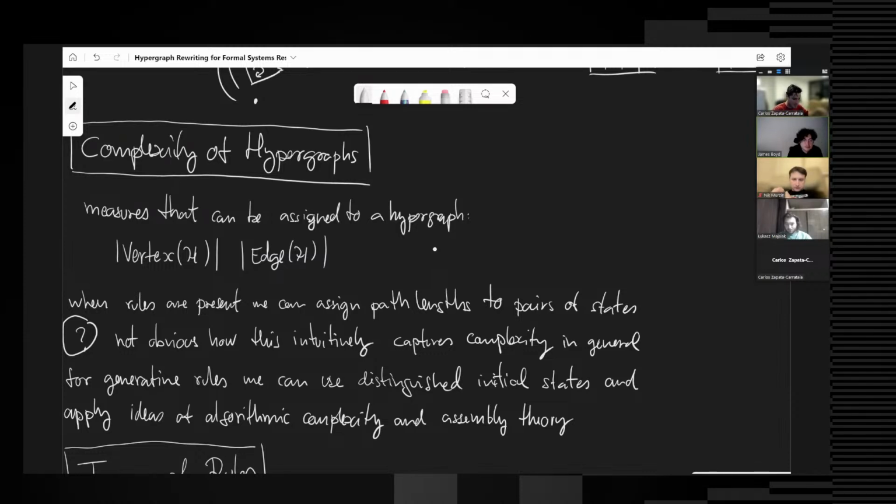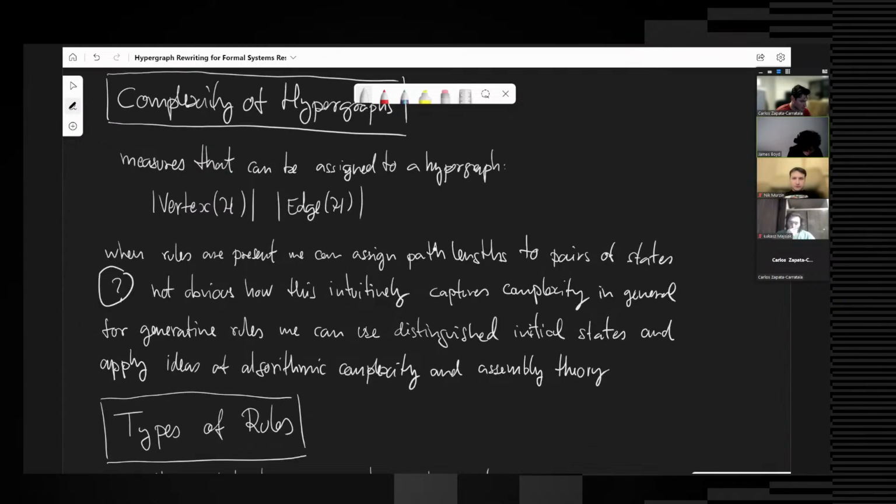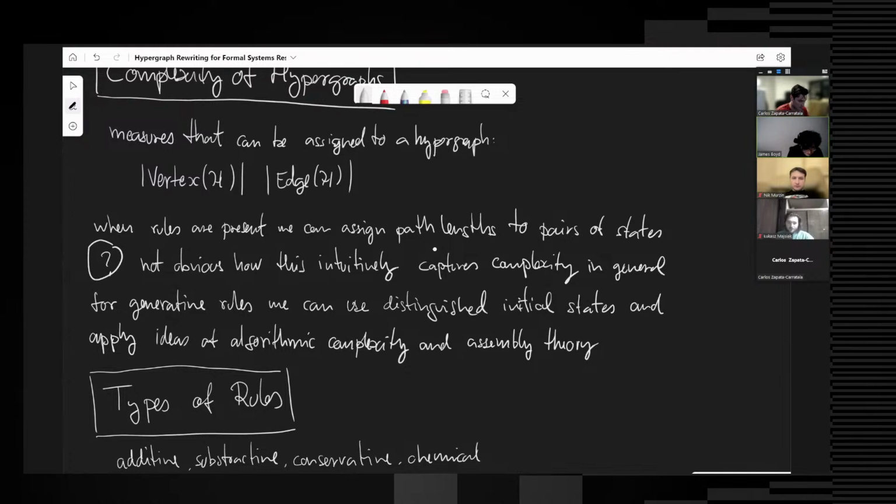The path length for the rewrite graph is only going to be complexity when the rules can be interpreted in some constructive way, or some kind of computational way that is not just completely general rules. And this is where the types of rules become super important, because you can imagine, I just listed 4 types just by words: additive, subtractive, conservative, and chemical. These are just intuitive words that I'm going to explain briefly.